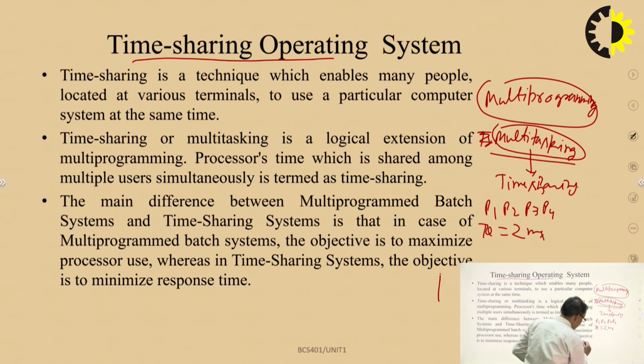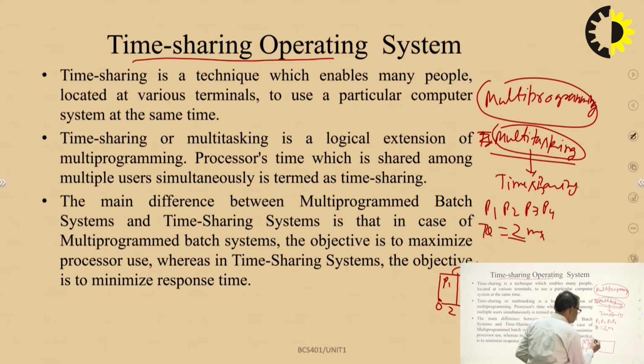In a multitasking or time sharing operating system, according to the value of this time quantum, at first for 2 milliseconds the CPU executes process P1. After this time quantum is completed, the CPU will switch to the next process P2 and start to execute it. Again for the next 2 milliseconds, the CPU will execute process P2.